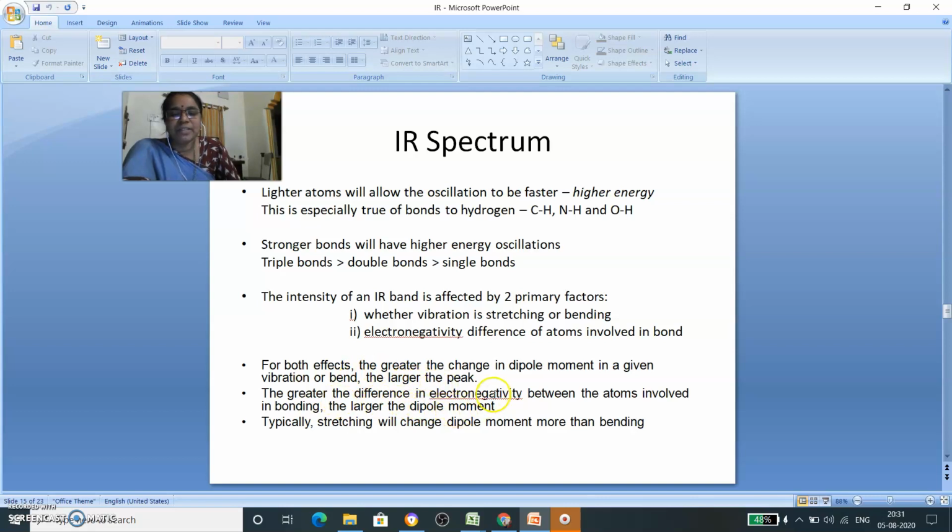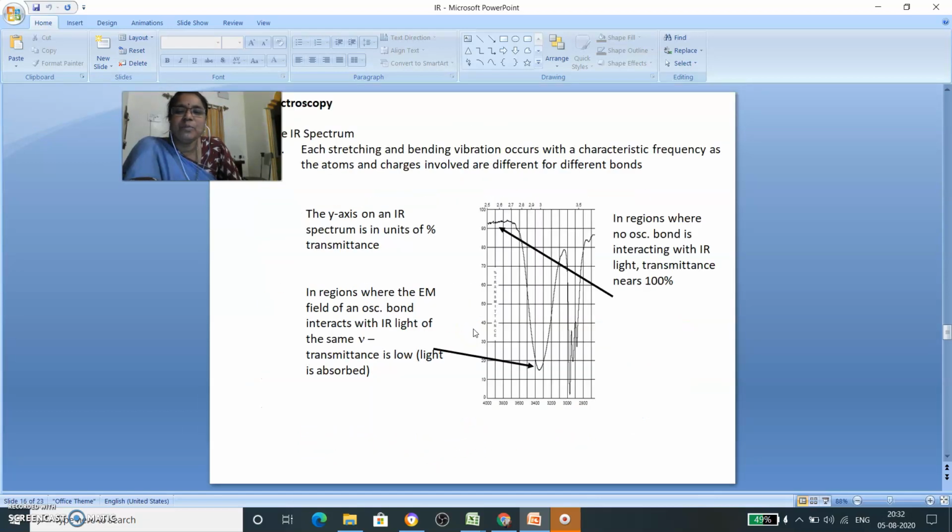The greater the difference in electronegativity between the atoms involved in bonding, the larger the dipole moment. For example, if you take HCl, HBr and HF, which will have more dipole moment? Obviously HF, because fluorine has high electronegativity. Typically, stretching will change dipole moment more than bending. So, dipole moment is the foremost criteria.